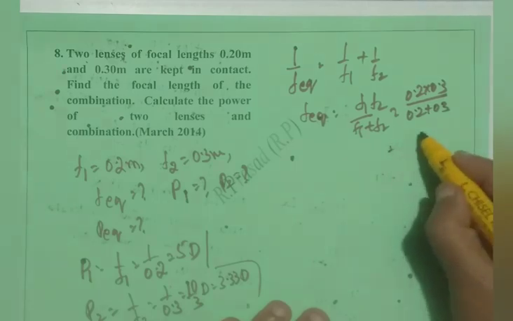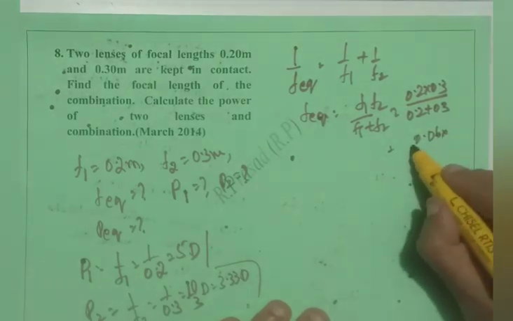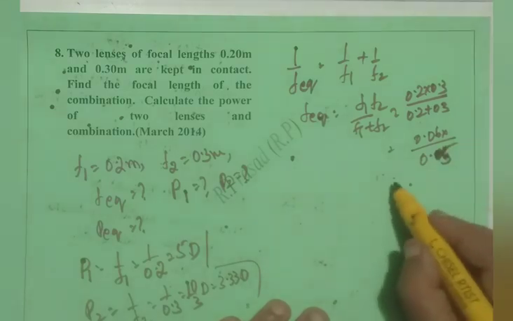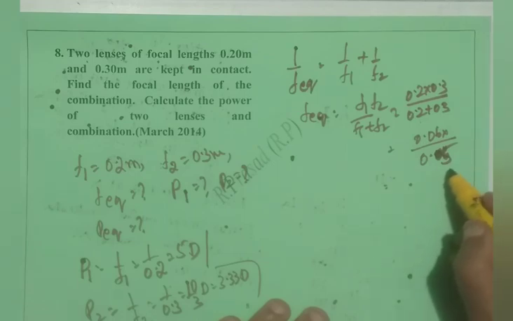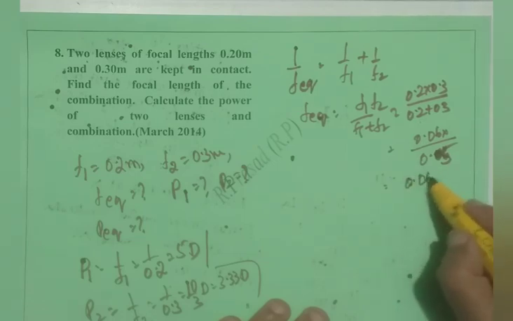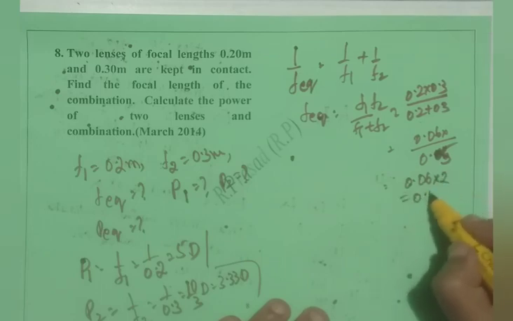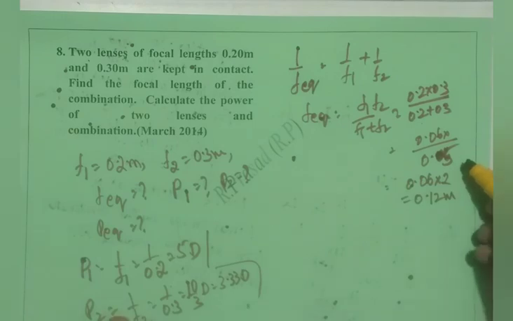That means 0.06 divided by 0.5. 0.5 is 1 by 2, so into 2, 0.12 meter is the focal length, which is positive, again a converging lens.